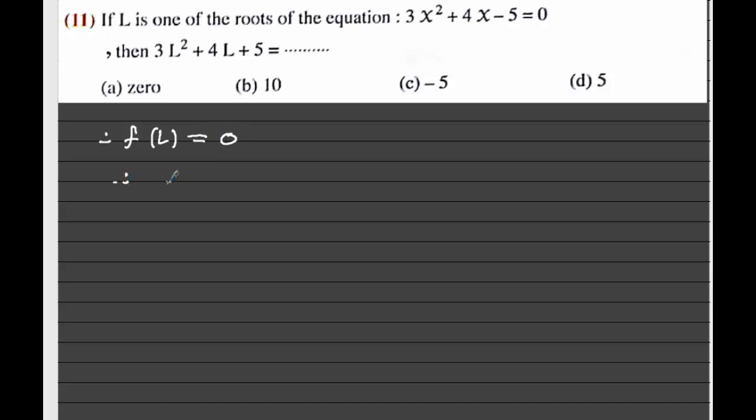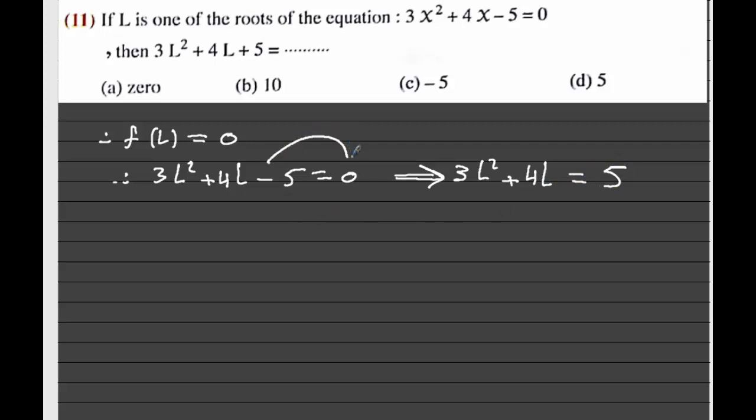So 3L square plus 4 multiply L minus 5 equals 0. That means 3L square plus 4L equals positive 5. From left hand side to right hand side, you change the sign.